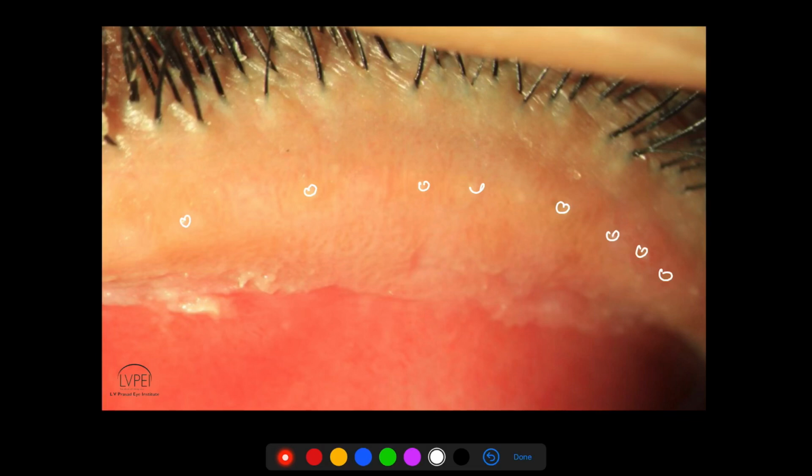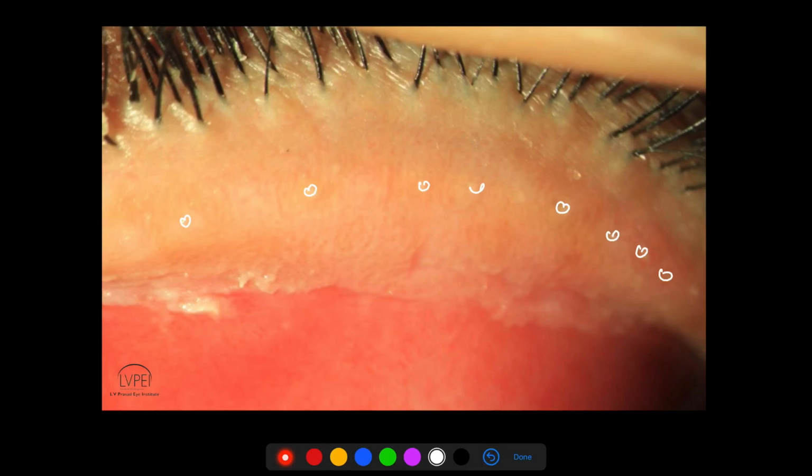There may be focal areas which are spared, but in the areas that you are diagnosing with posterior migration of the mucocutaneous junction, it is absolutely mandatory, and these two things go together, that if there is posterior migration, then the meibomian glands are also atrophied in those areas, because the epithelium, as it grows, also grows into these meibomian glands and blocks the orifices, and the glands atrophy over time.